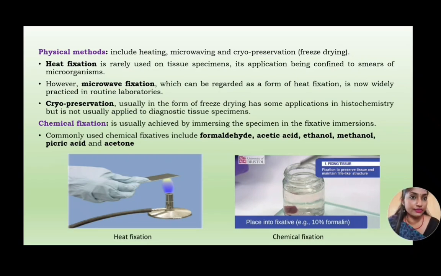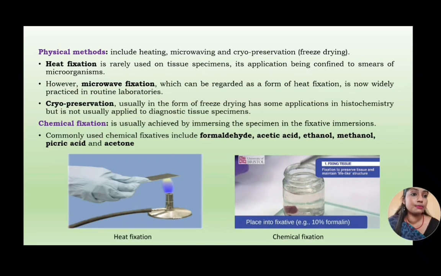The second one being microwave fixation. This is also a form of heat fixation, and it is practiced in most histopathological laboratories. Then coming to cryopreservation, it is a form of freeze drying and has applications in histochemistry, but it is not used in any diagnostic tissue specimens. Then the next method is chemical fixation.